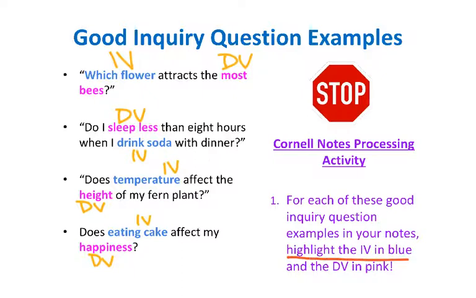So for each of these questions, highlight the independent variable in blue in your notes. And I want you to highlight the dependent variable in pink. Okay, so you're going to highlight the dependent variable in pink in each of these questions. Okay, so go ahead and pause the video and do that in your notes.